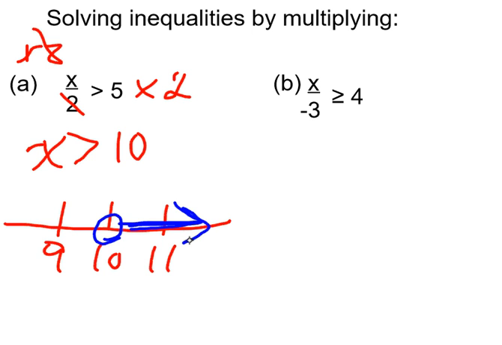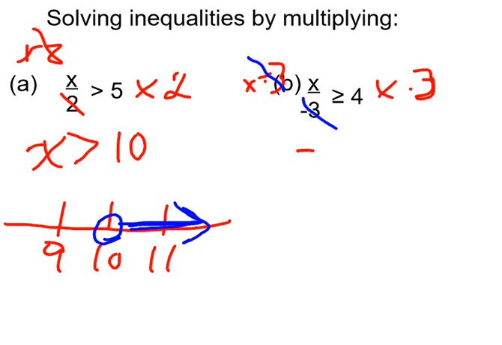Now, how do I get rid of dividing by -3? So to get rid of dividing by -3, I'm going to multiply both sides by -3. Now, because I am multiplying by a negative, my direction of the sign is going to change. So again, those are going to cancel.